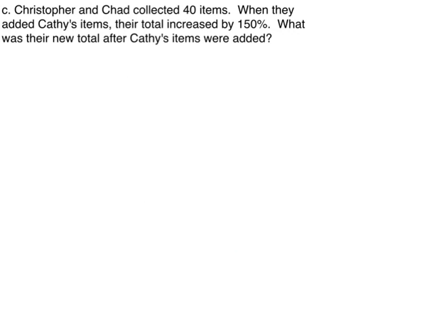Okay, and finally in C, Christopher and Chad collected 40 items. When they added Kathy's items, their total increased by 150%. What was their new total after Kathy's items were added? Alright, they collected 40.